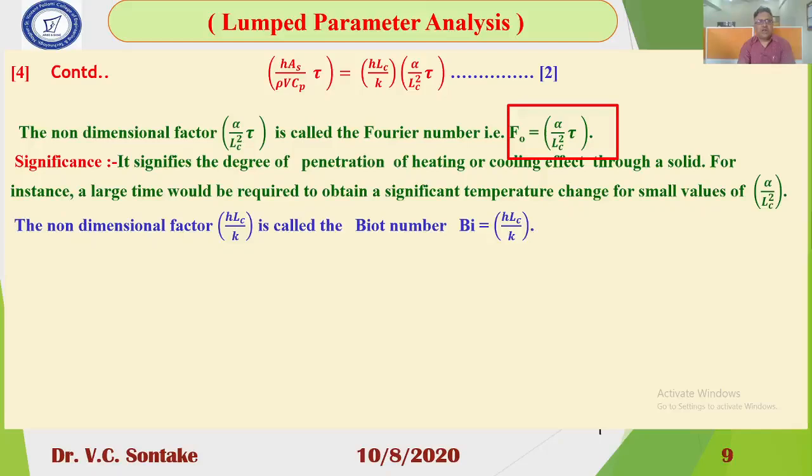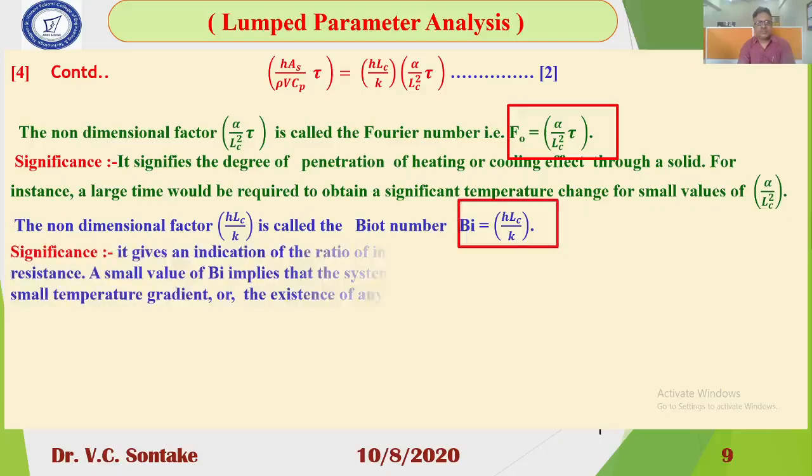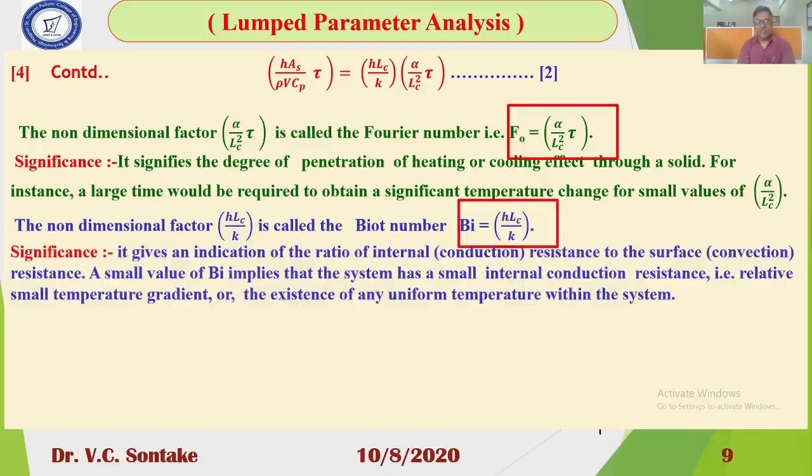Similarly, the non-dimensional parameter hLc by k is also called the Biot number, and it is denoted by Bi. So Biot number Bi is equal to hLc by k. What is its significance?